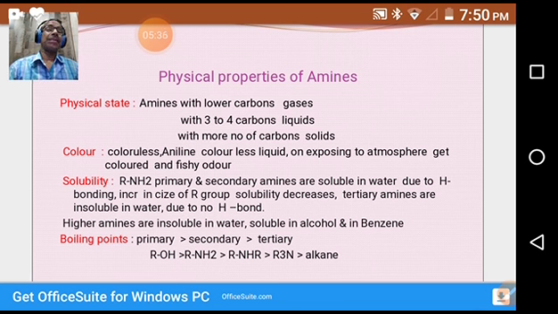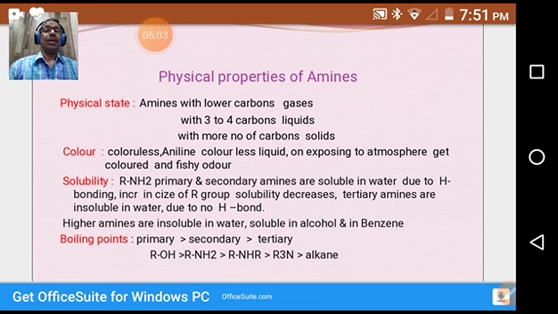Aniline is a colorless liquid. On exposure, it undergoes atmospheric oxidation, giving brown color. So amines as such are colorless, but on atmospheric oxidation they give different colors. Then the amines give a fishy odor.